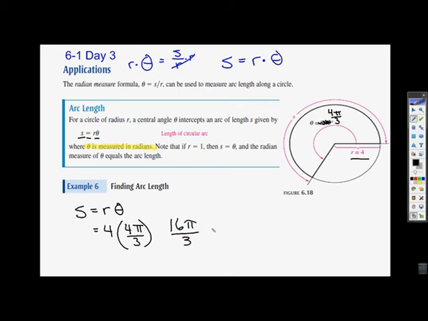And if we punch that into the calculator, we're going to get approximately 16.76. I think the book example was using feet as their unit. So that's how simple it is. Convert your angle into radians if you need to. Multiply the radian measure of the angle times the radius to get the arc length.